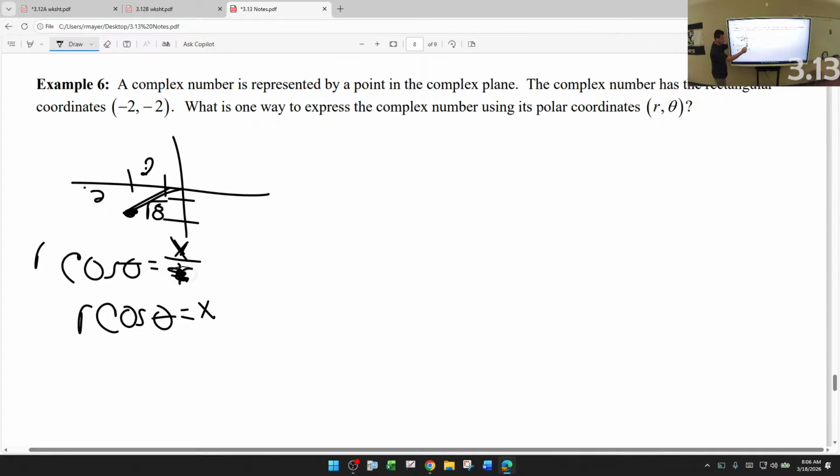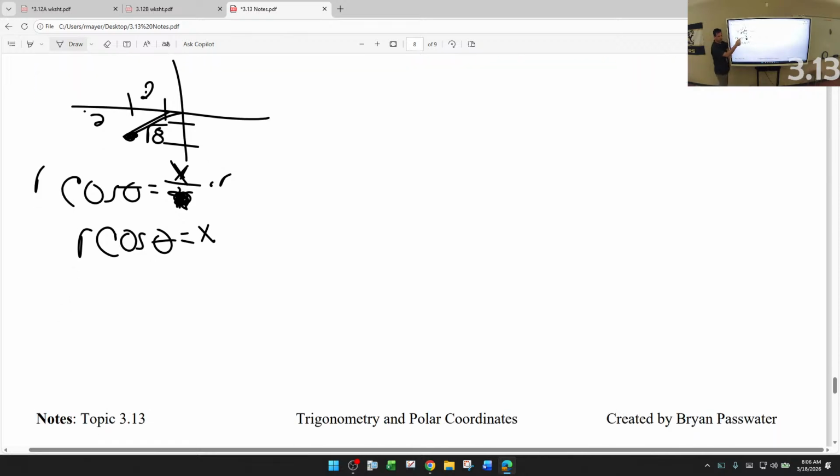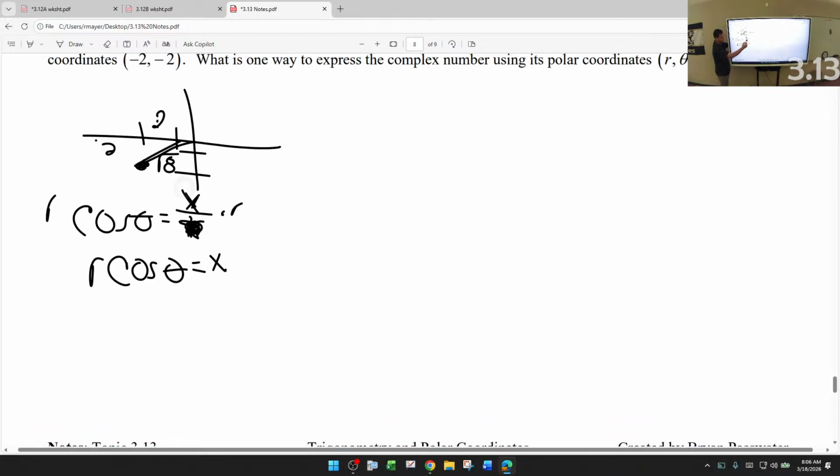I multiplied both sides by r. Sorry, I did that way too fast. Cosine theta is equal to adjacent over hypotenuse. I multiplied both sides by the hypotenuse to get rid of it. X. R is now root 8.